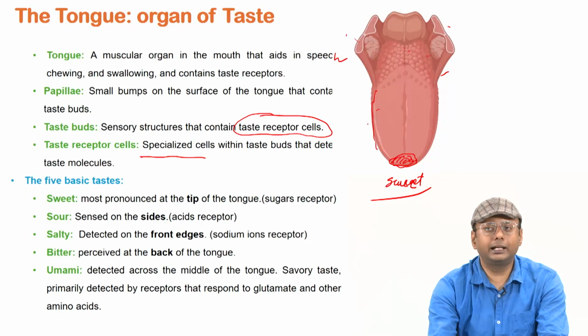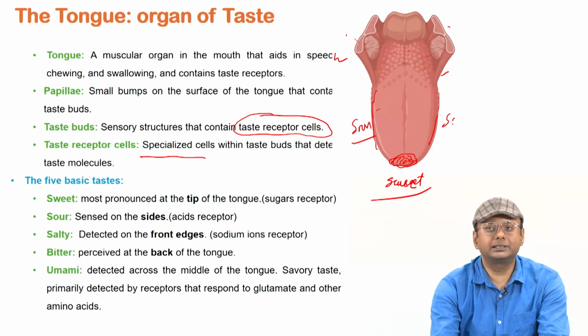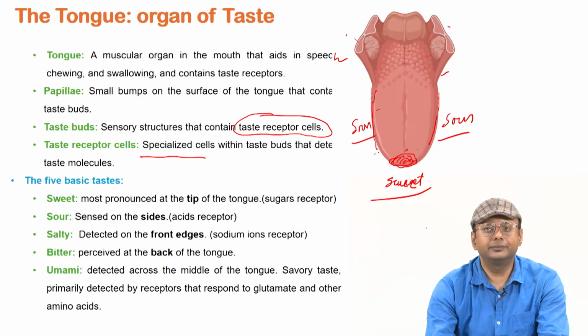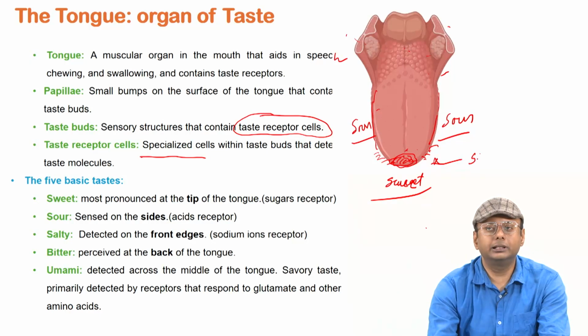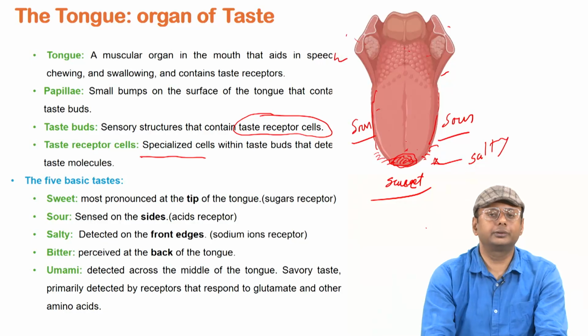So all types of sour taste can be perceived on the sides. Then the salty taste can be detected in the front edges. So salty taste can be detected in the front edges, right.